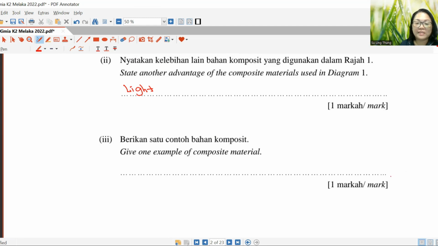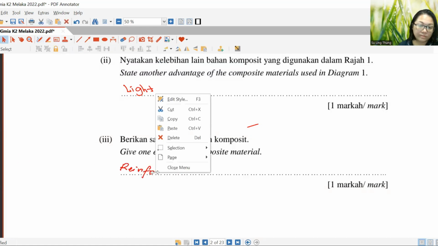3. Give one example of composite material. It can be any example. It can be reinforced concrete. The answer can be reinforced concrete.